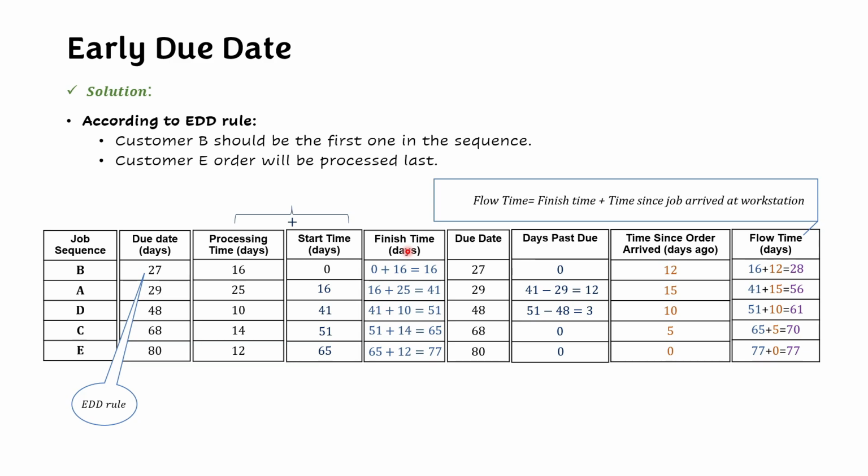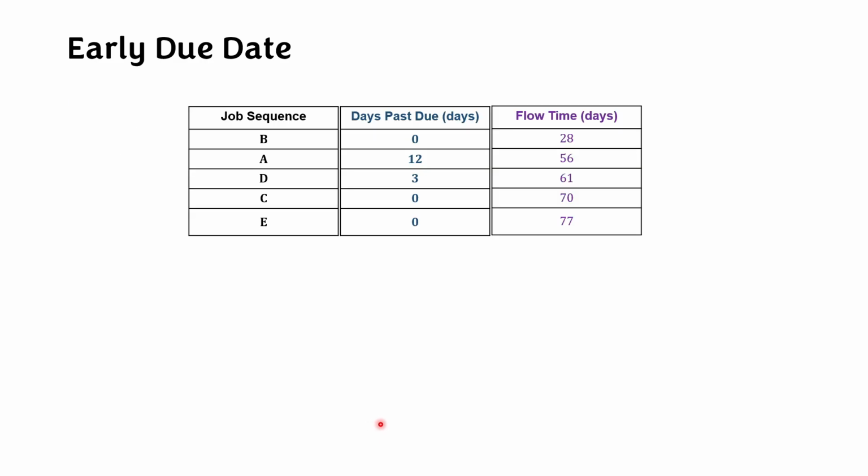So we will add the values from finish time and time since order arrived to get the value of flow time in days. In the last column, we have the flow time in days for each job arranged according to the EDD rule.